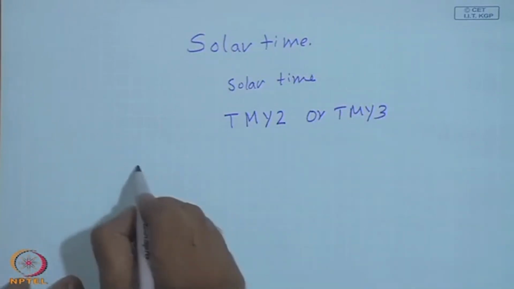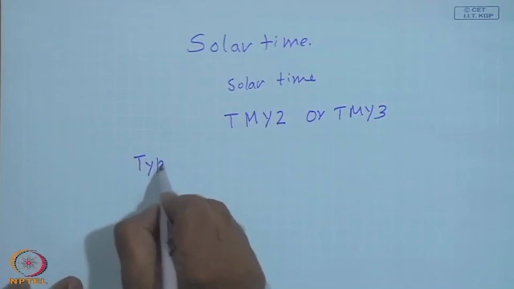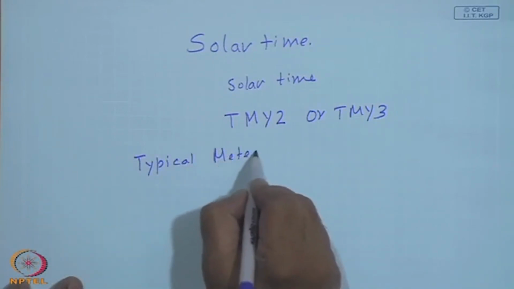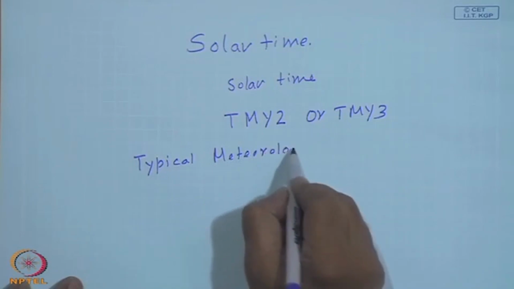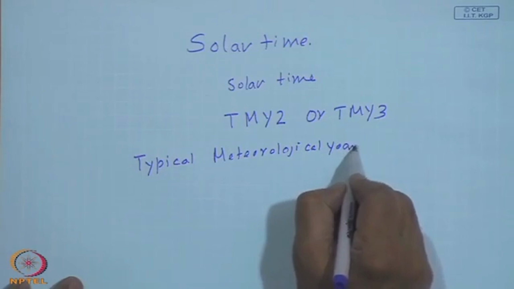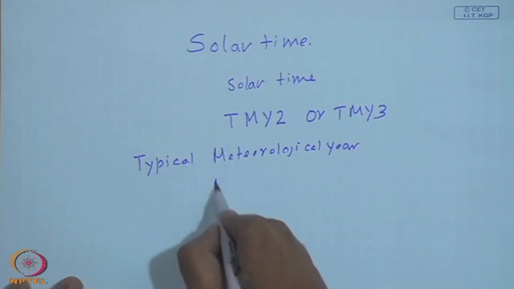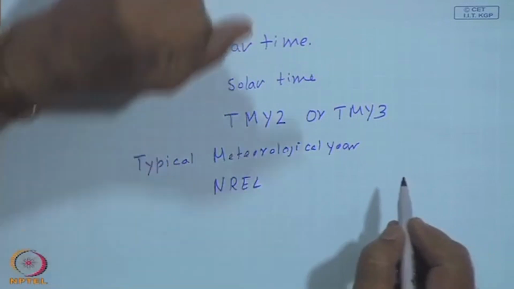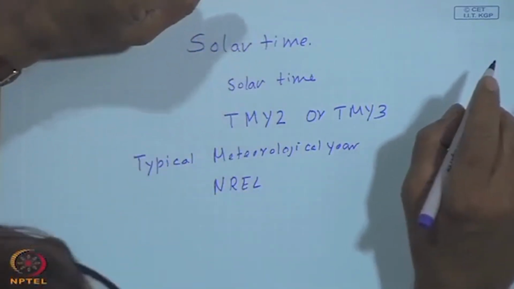This is a typical meteorological year compiled by NREL, that is the National Renewable Energy Laboratory in the US.